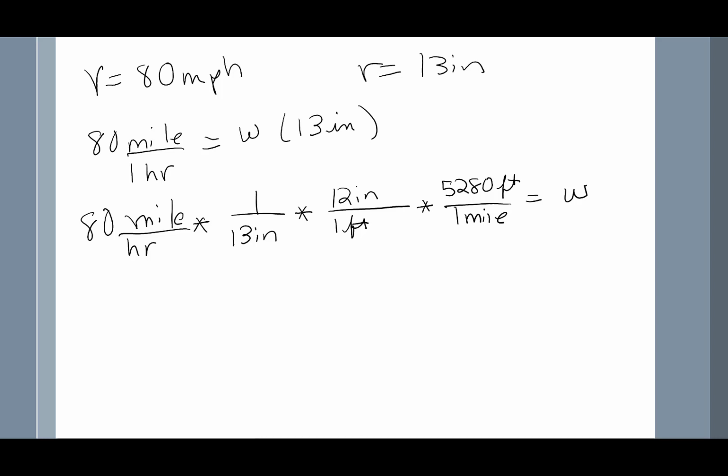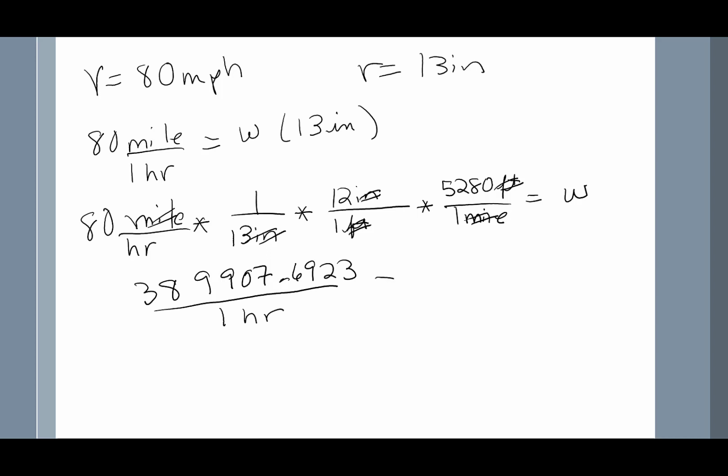I'm just going to give you the number I got in my calculator. So I got 389907.6923. Okay, what is this? Well, inches are gone with inches, feet are gone with feet, miles are gone with miles. So what is this? This is per hour. Okay.